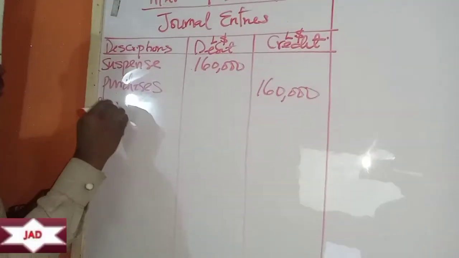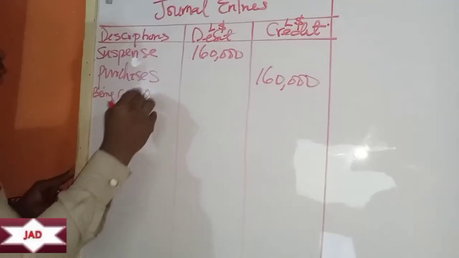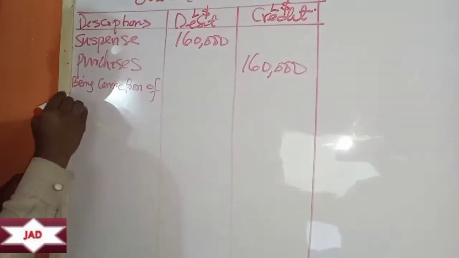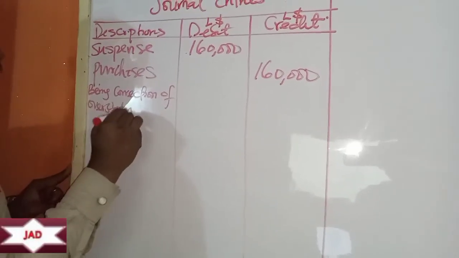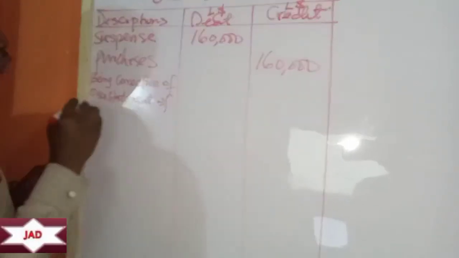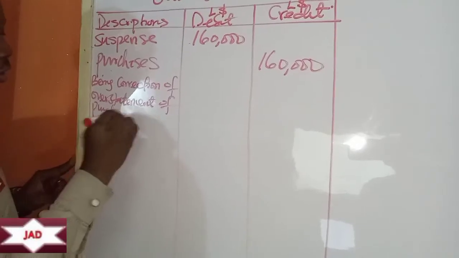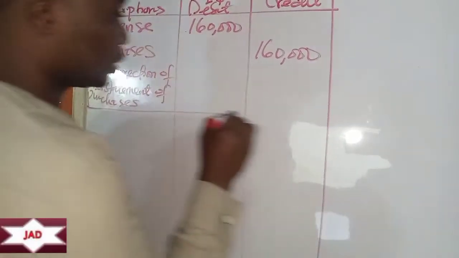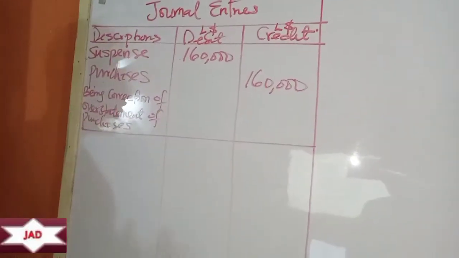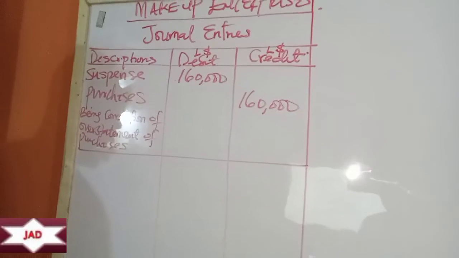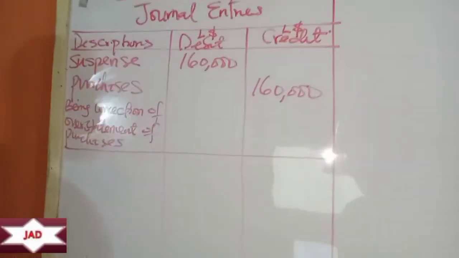Being correction of overstatement of purchases. That's it. So every entry has a narration. Okay, so this is the first one.